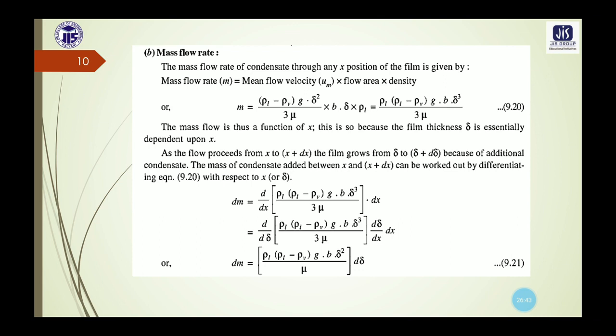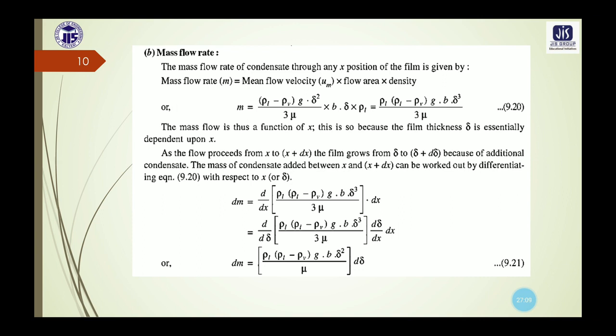From the concept of film condensation, we know this part, the formation of additional condensate. Now the mass of condensate added between x and x plus dx can be worked out by differentiating this equation of the mass flow rate with respect to x or delta.